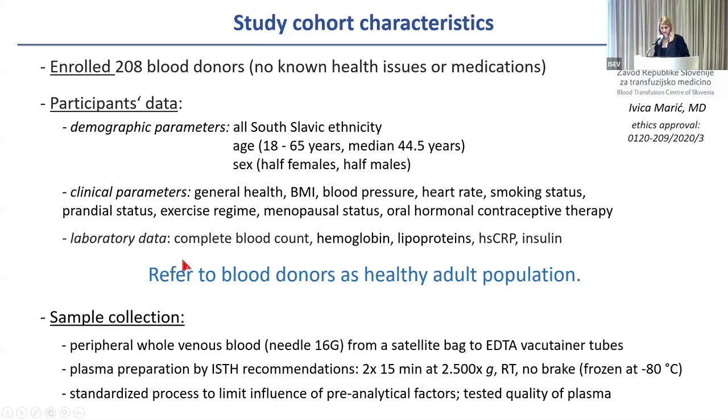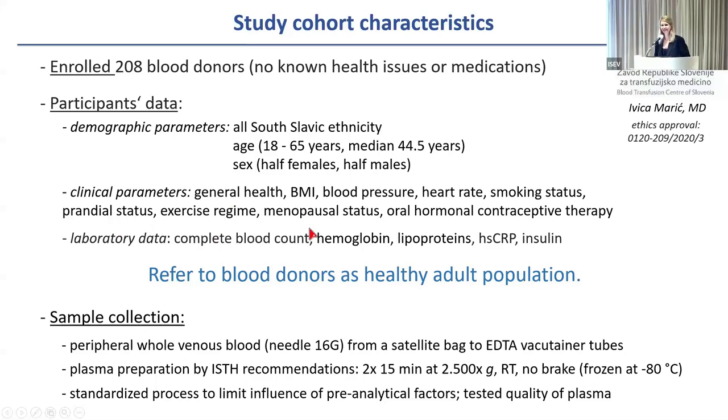Then we collected demographic, clinical, and laboratory data. All were of South Slavic ethnicity, so Slovenians, from 18 to 65 years in age, and half were females and half were males. We collected general health data: body mass index, blood pressure, heart rate, and smoking status.